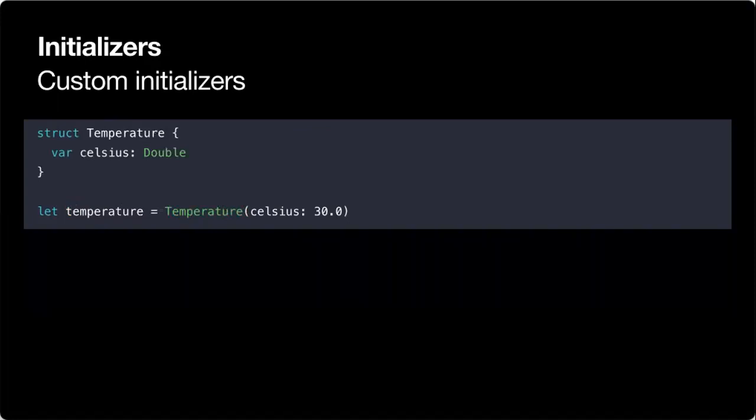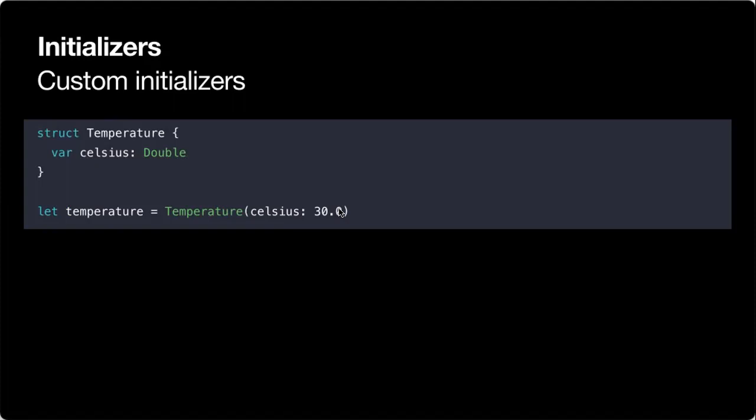But as I told you, you could actually define your own custom initializers. This example shows you how to represent a temperature. This temperature struct has a Celsius temperature in it. So if I need to create it, I need to pass the Celsius value to it. All right.